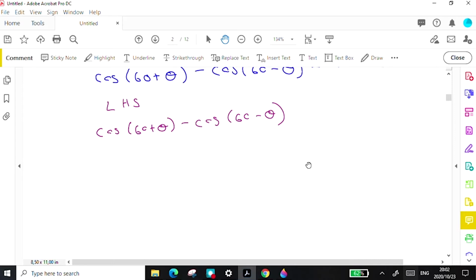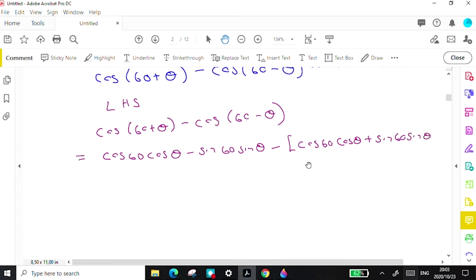This is equal to cos 60 cos theta minus sine 60 sine theta, minus cos 60 cos theta plus sine 60 sine theta.